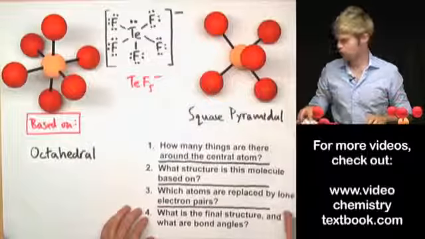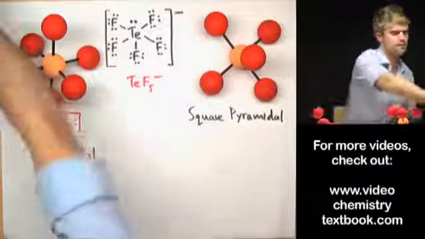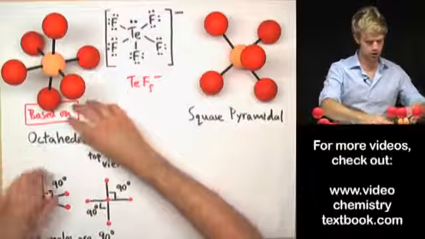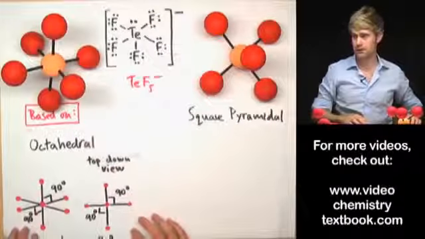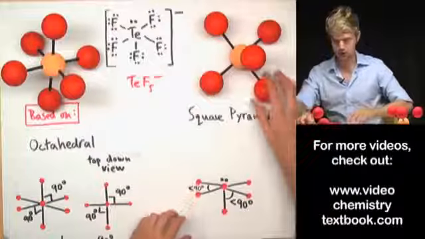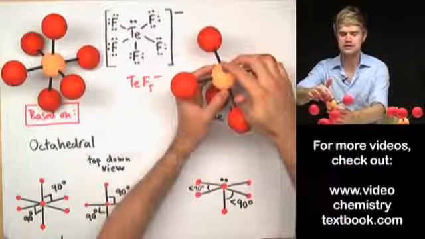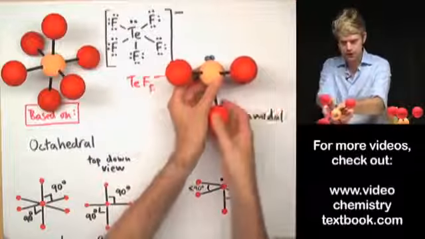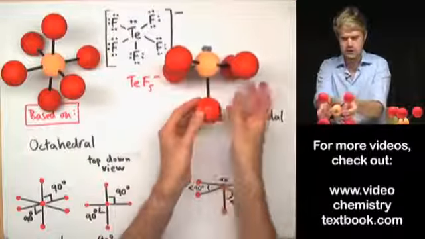So, really quickly, bond angles in a regular octahedral molecule are all 90 degrees. And in the square pyramidal, we have these unshared electrons that are pushing down. They're pushing down on all of these atoms a little bit.